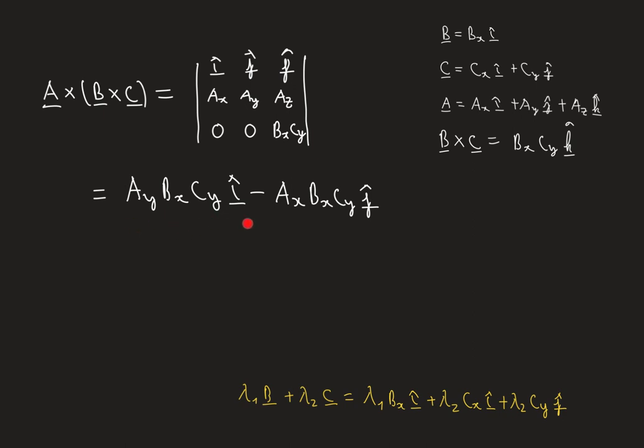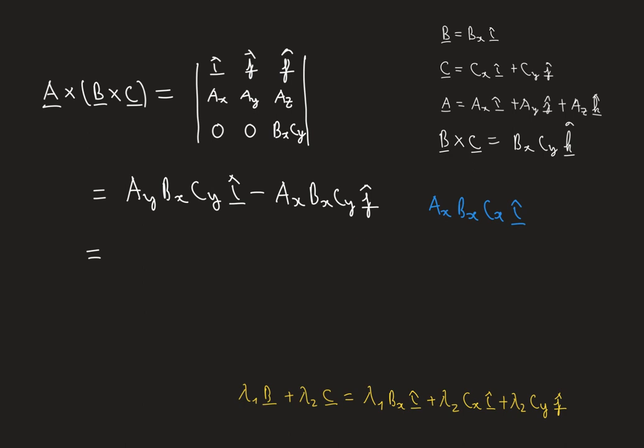Now what we need to do is change this expression, and the way we do that is we will add and subtract a vector, and the vector that we add and subtract will be ax, bx, cx in the i hat direction. Remember, the only thing we need to change is in the i hat direction, because for j hat we already have a good expression here, because we need cy j hat, and that's what we have.